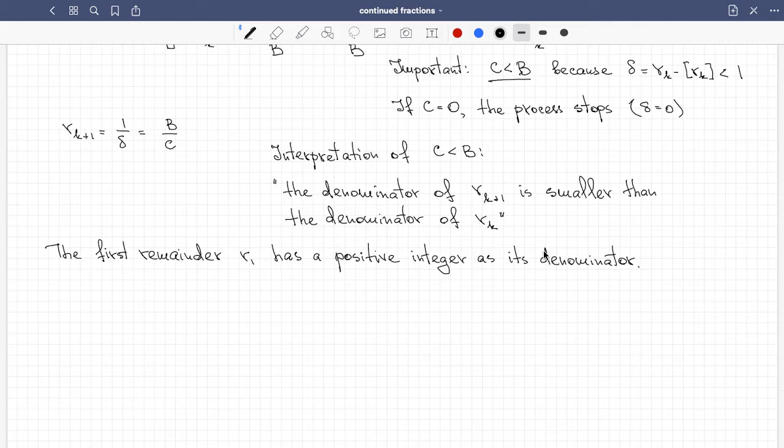Thus we can conclude the process has to stop. They are all positive integers, becoming smaller and smaller at every step.